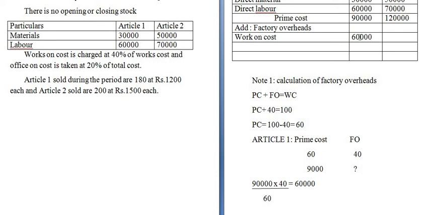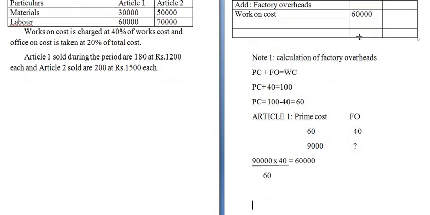Now the same thing we will have to calculate for article 2. Again prime cost and factory overheads.